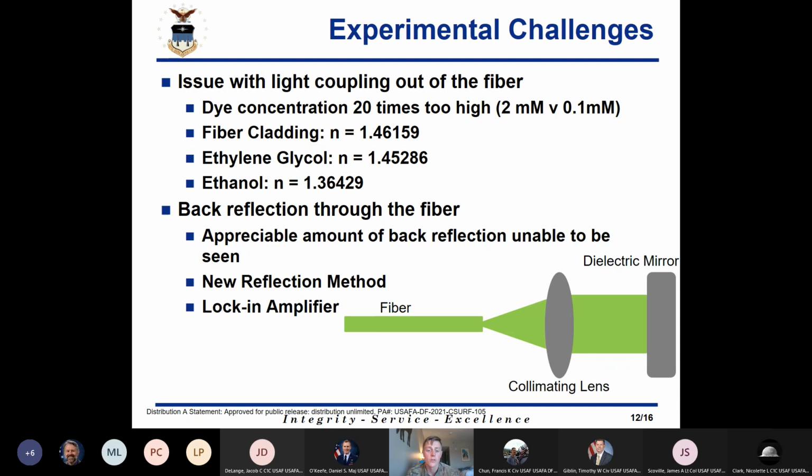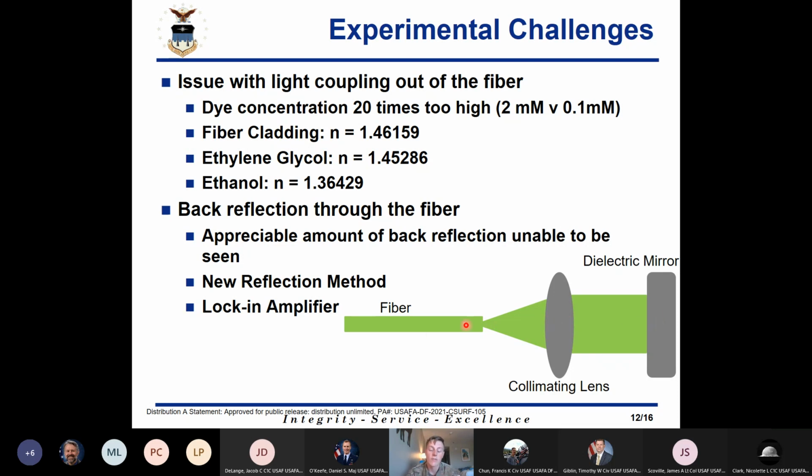For the back reflection through the fiber, we did see an appreciable amount of back reflection, but it's really not enough to actually create a laser. So we're using this new back reflection technique where instead of just the dielectric mirror being butted up against the end of the fiber, we use a collimating lens and then reflect that back into the fiber.